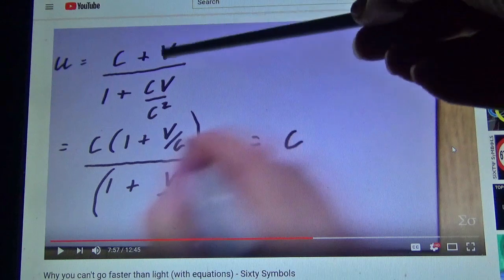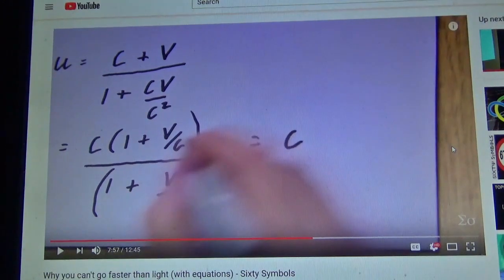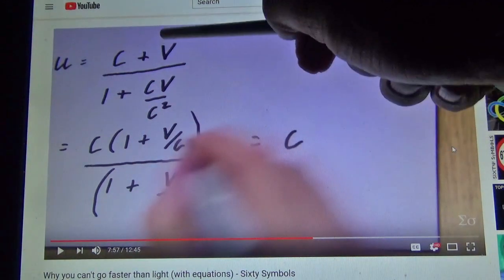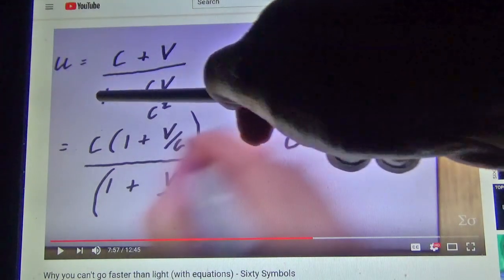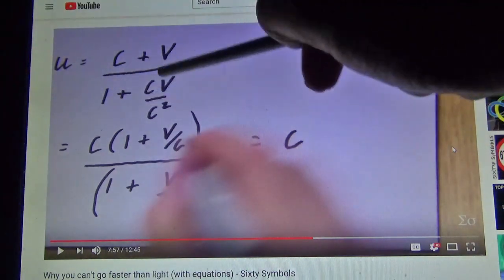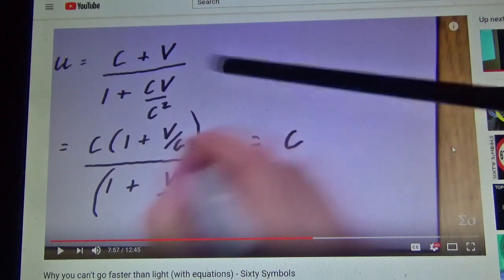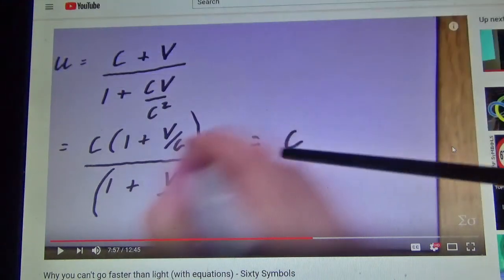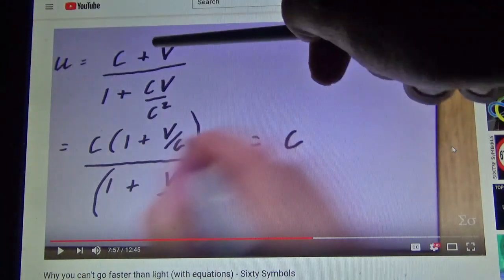So is this v supposed to be 0 or not? So you go in c plus 0, 1 plus 0, that all comes out as 0, and that comes out as c. So that equation is valid for v equals 0.